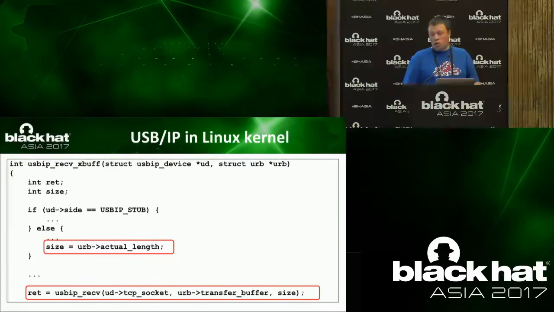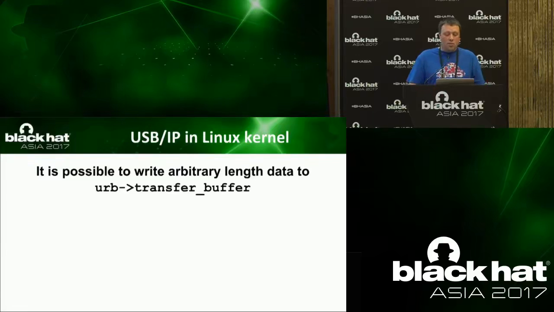Unfortunately, there are no checks in between that the value of the size variable is actually smaller than the size of the buffer which the URB transfer buffer pointer points to. As a result, we have a kernel heap buffer overflow. Basically, it is possible to write arbitrary data to the URB transfer buffer, and you can always write past the boundary.